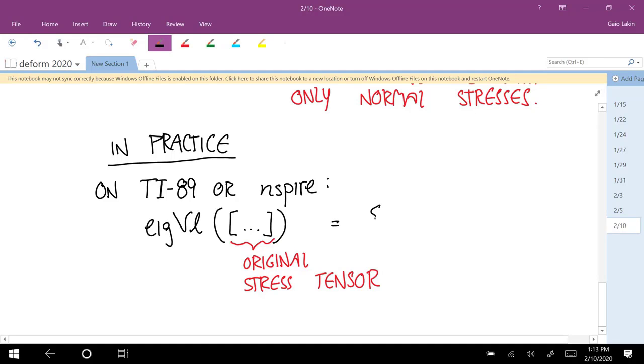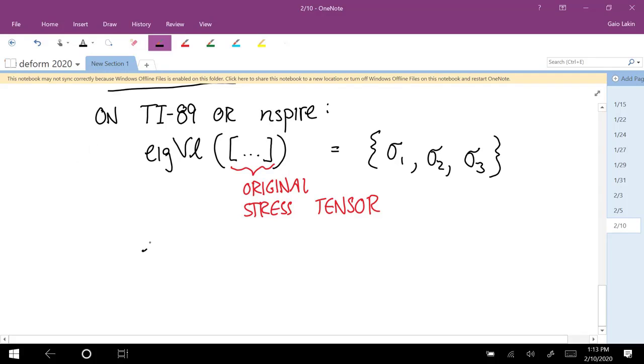And it gives you a set of values, sigma 1, sigma 2, sigma 3. And then if you use the command EIGVC of that matrix, it gives you a matrix that's like N1x, N2x, no, that's exactly wrong.